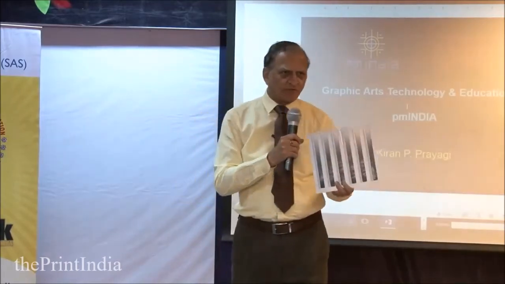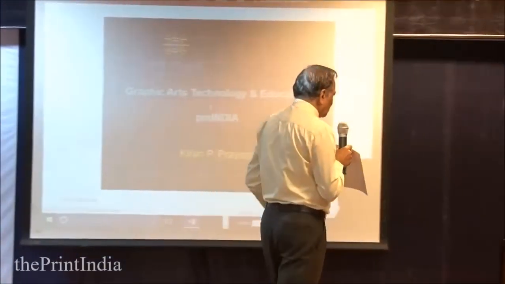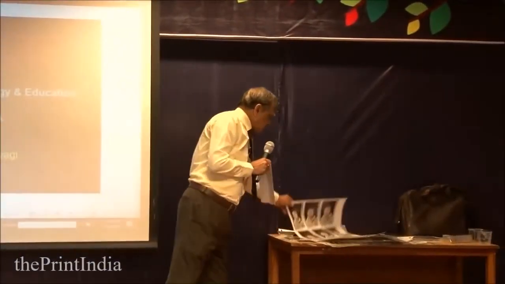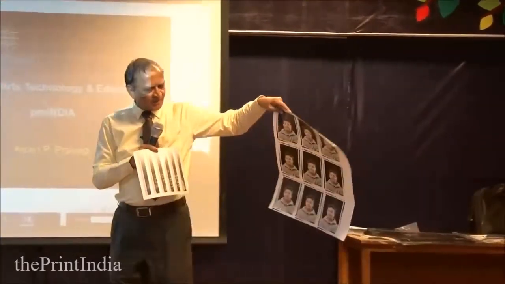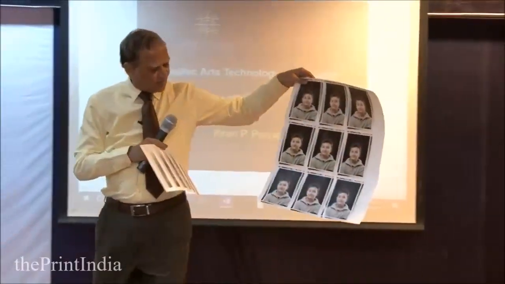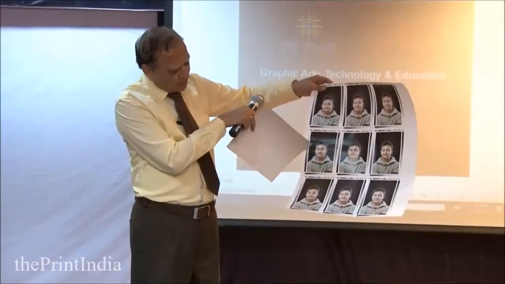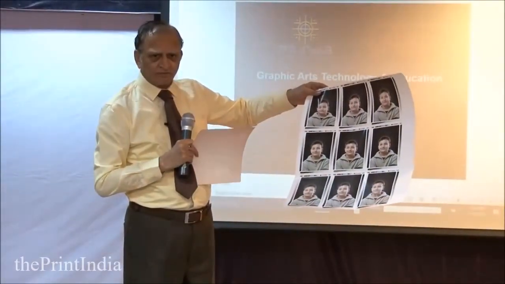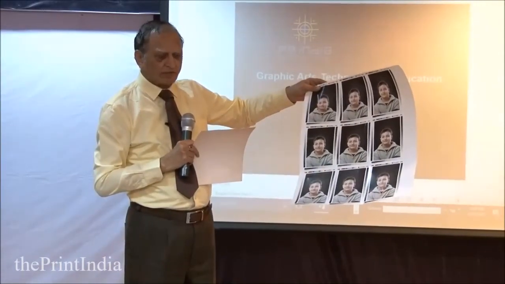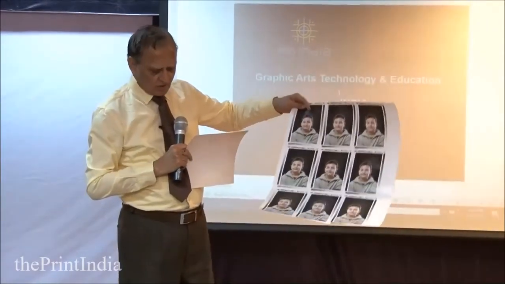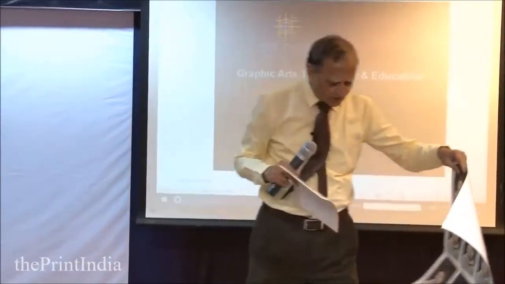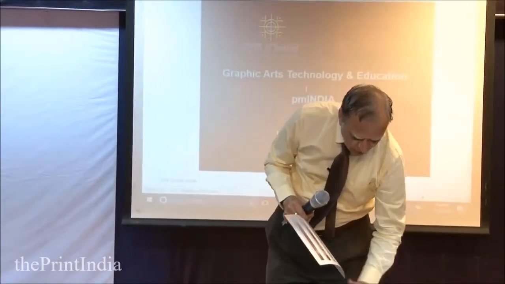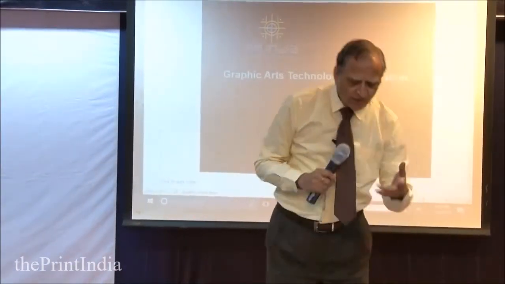So there is a narrow range for the gray balance, which also you can see from this printed sample here. When the screens have gone very fine, this t-shirt has become greener. Yeah, the same gray balance. So these are the various aspects of color reproduction, or you can say color management.